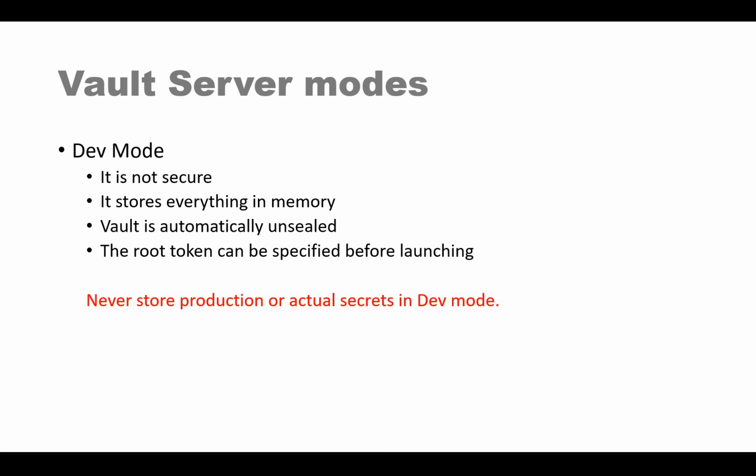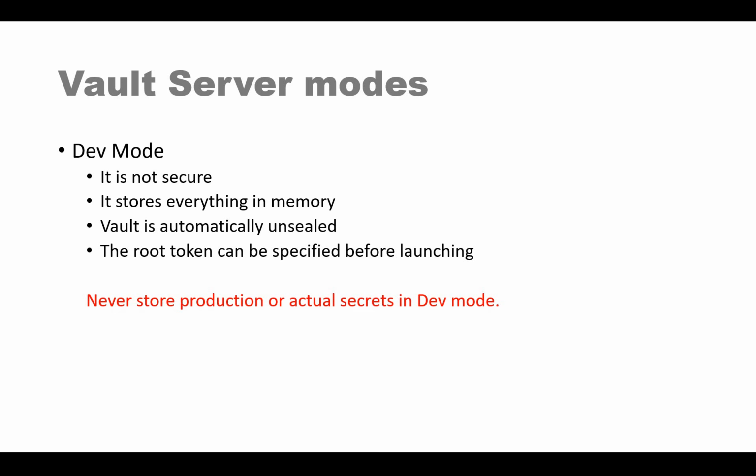Before we start into this, I just want to give a little more detail about dev mode. In general, you can use dev mode for all the learning we do as part of our trainings, to just play around, learn some basics, and learn about the Vault commands. But dev mode is not secure, because by default Vault is automatically unsealed and everything is stored in memory. So you don't have a storage backend in dev mode, because as soon as you close it, everything is gone.